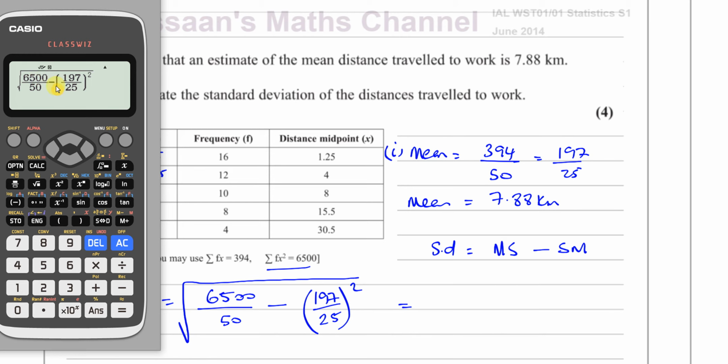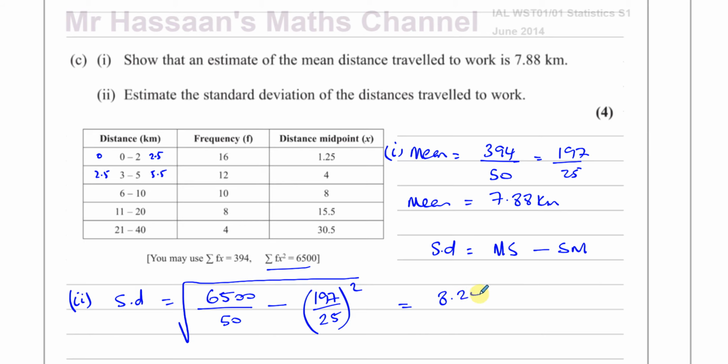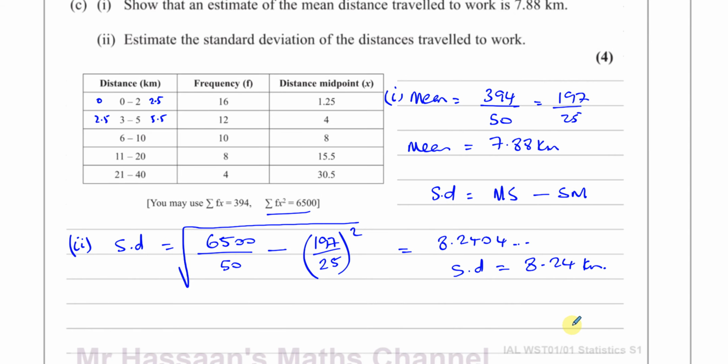That's the mean of the squares minus the square of the mean, square rooted, and that gives us 8.2404 and so on. So we can say the standard deviation is equal to 8.24 kilometers, to 3 significant figures. Okay, so there's the standard deviation, and there's the mean. So that's part C answered.